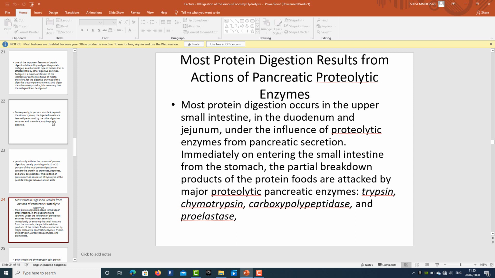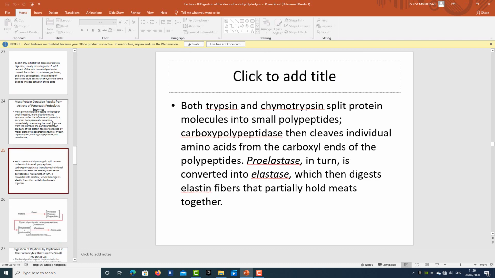Now, most protein digestion occurs in the upper small intestine, the duodenum and jejunum, under the influence of proteolytic enzymes from the pancreatic secretion. Immediately on entering the small intestine from the stomach, the partial breakdown products are attacked by major proteolytic pancreatic enzymes: trypsin, chymotrypsin, carboxypolypeptidase, and proelastase.